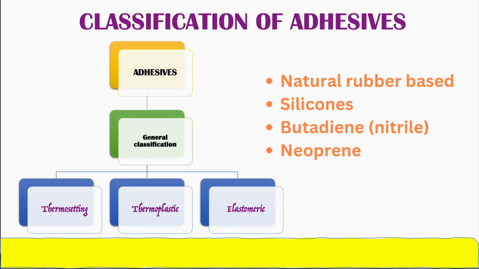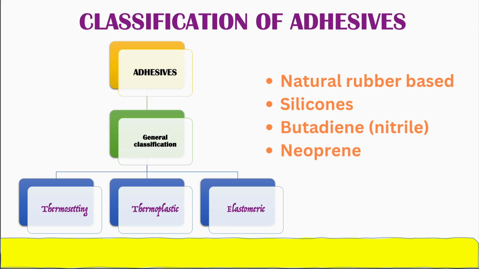If it is not cross linked, it can be remolded, reshaped, and you can heat them, you can evaporate the solvent, and we get the thermoplastic adhesive. If it is not able to get remolded and the polymeric chains are cross linked with one another, forming a very strong and hard structure, then it is called a thermosetting adhesive.